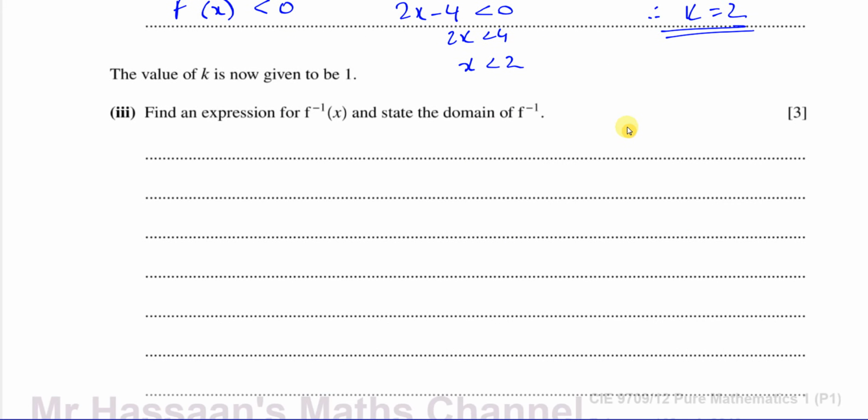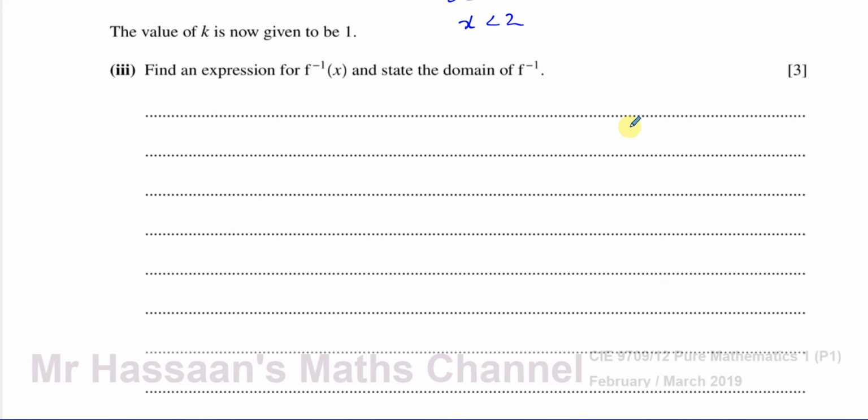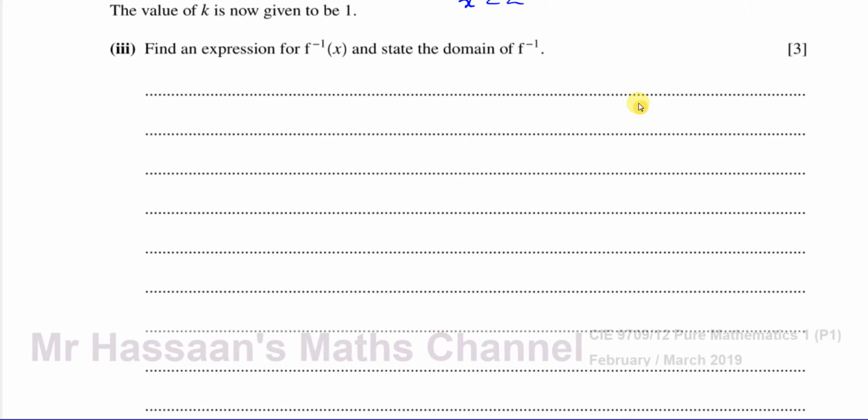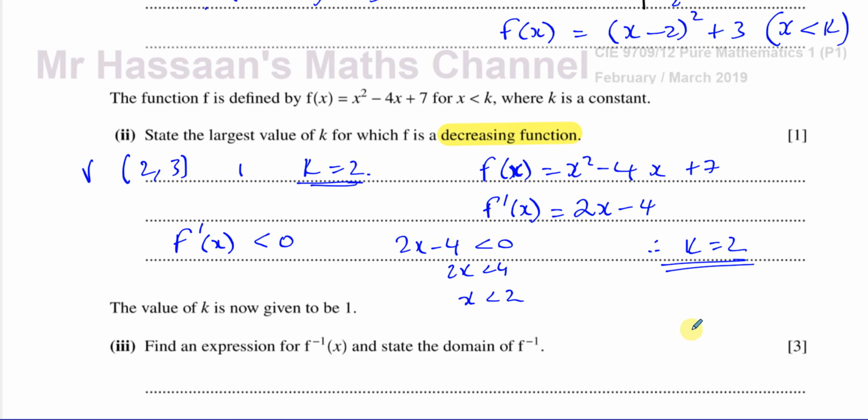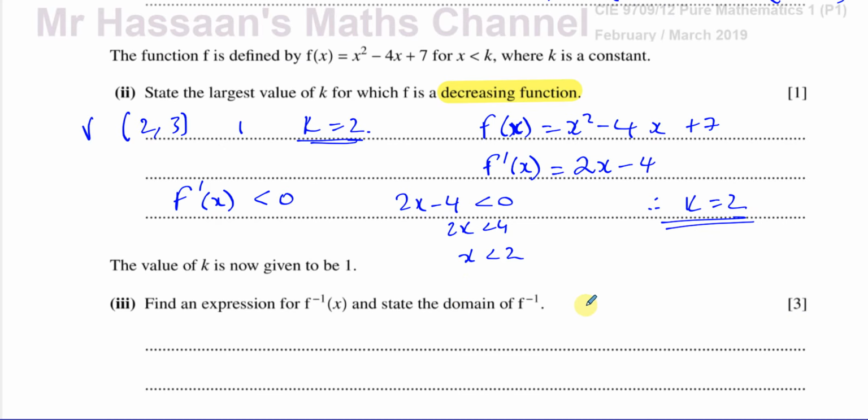All right, so part 3 now. It says the value of k is now given to be 1. Find an expression for the inverse function and state the domain of the inverse function. So now the original function f of x is going to be defined with the domain x is less than 1.